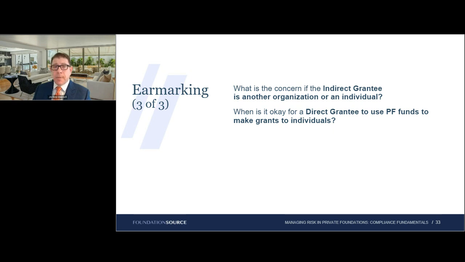And similarly, with the indirect grantee as an individual, a scholarship or fellowship recipient, a taxable expenditure penalty would have been triggered because the foundation, again, mistakenly thinking that the need for advance approval has been skirted, wouldn't have obtained the IRS's advance approval of the foundation's scholarship program. And with that, we can open up the floor to any questions.